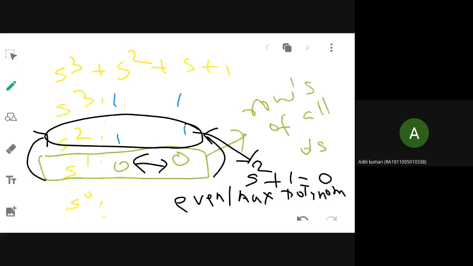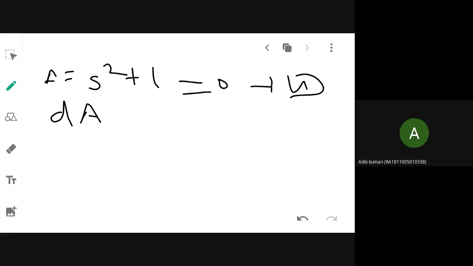So the next step is you need to identify this polynomial. You have identified that, then you have to differentiate. Suppose we consider that polynomial as A, you have to differentiate that with respect to s. So what will it be if you differentiate that even polynomial?